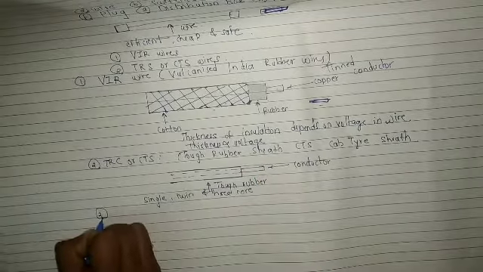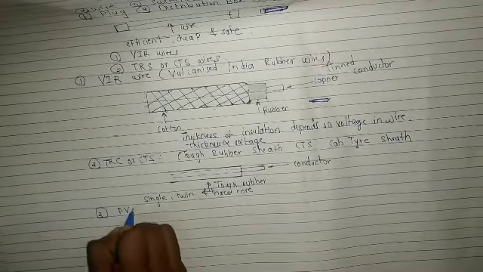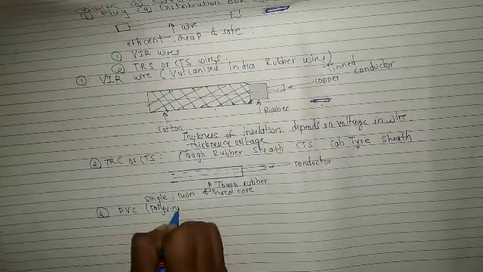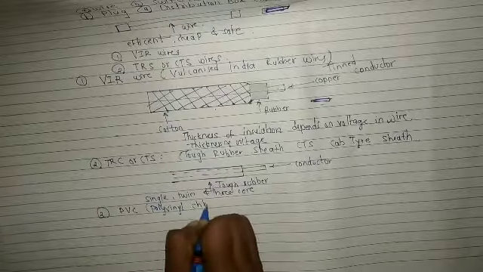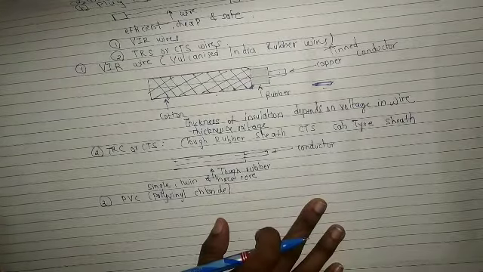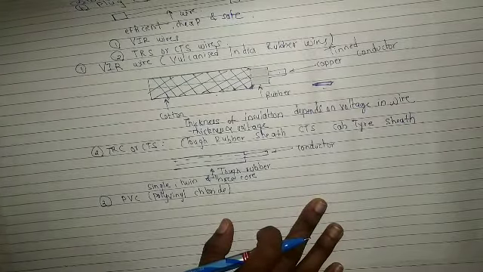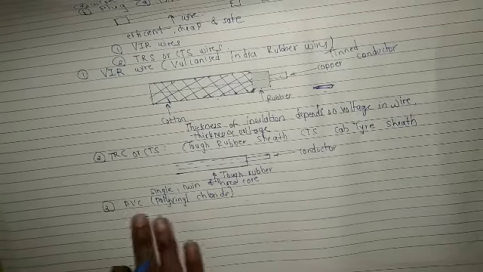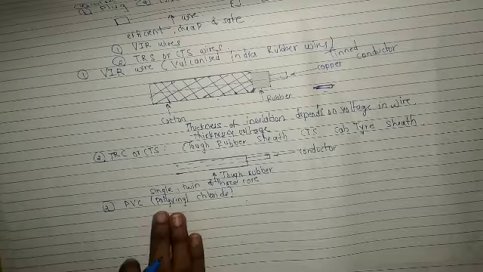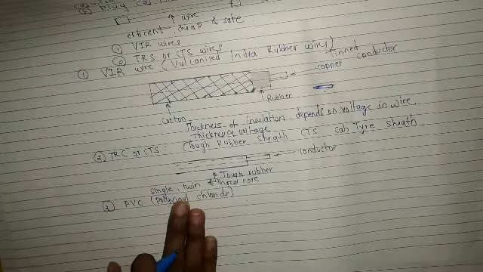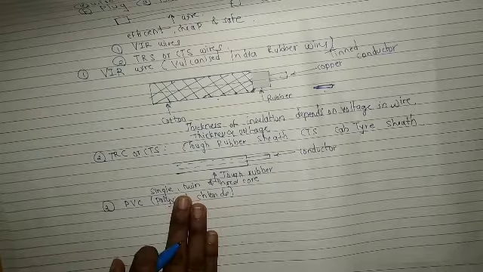Now the third one, that is PVC, polyvinyl chloride. Okay, so it is a modern thermoplastic material, which is used as an alternative to rubber.